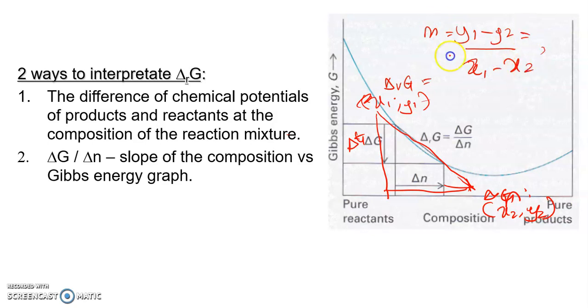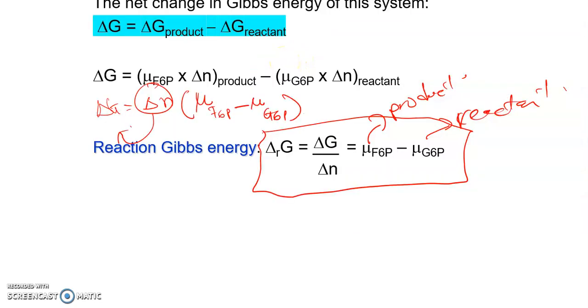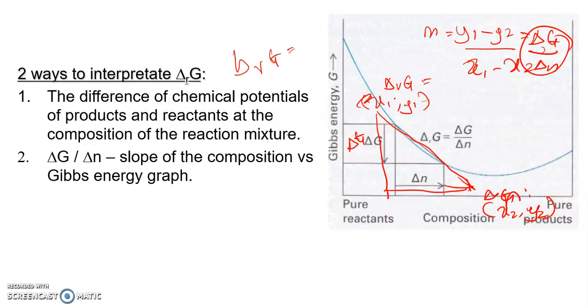If we refer back to our graph, here will be delta G and this will be delta N. This is how we get delta G from our graph. We can get this delta G by using a graph, or by using the chemical reaction, so it depends on you. I already proved how to get this relation.